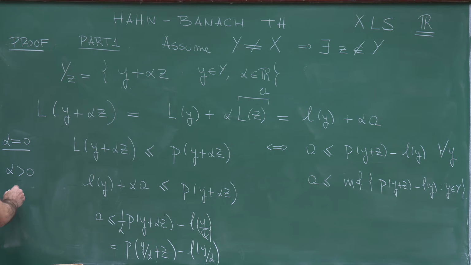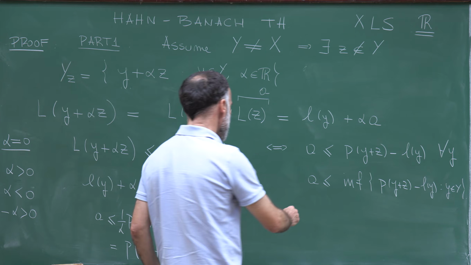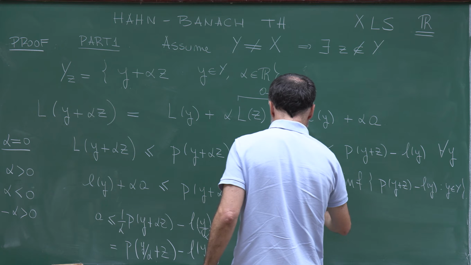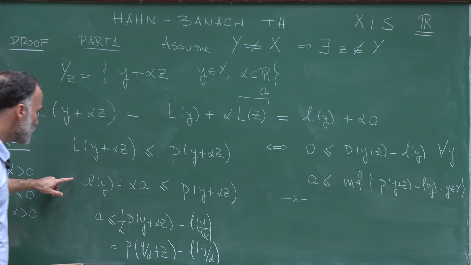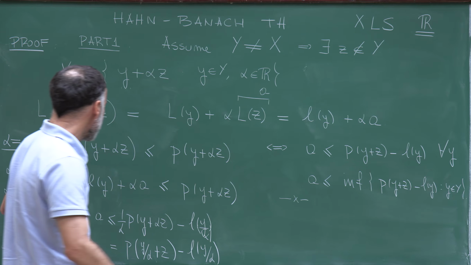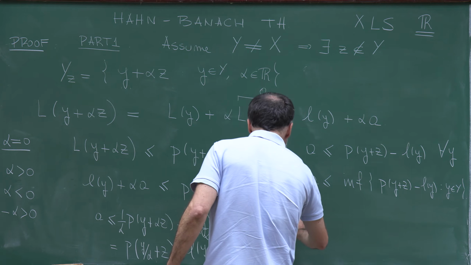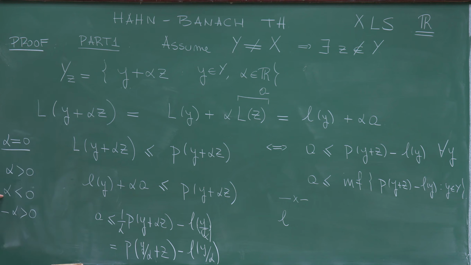Now, what happens if alpha is negative? Well, this means that I want minus alpha to be positive. So I want this inequality to be satisfied, but now I'm taking alpha negative.